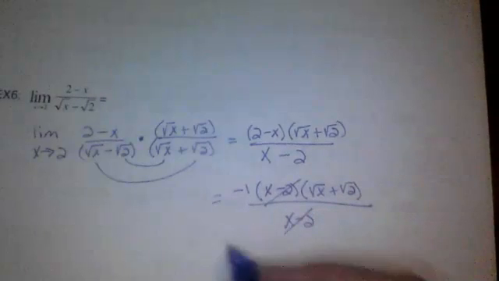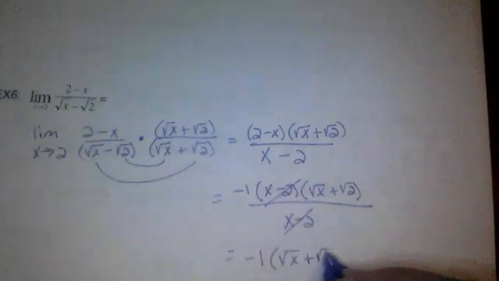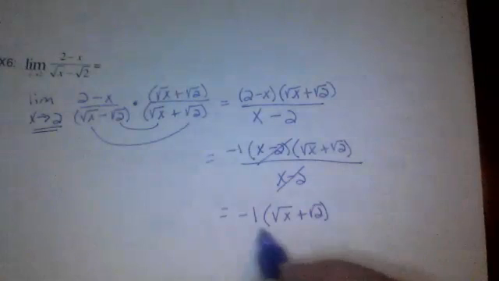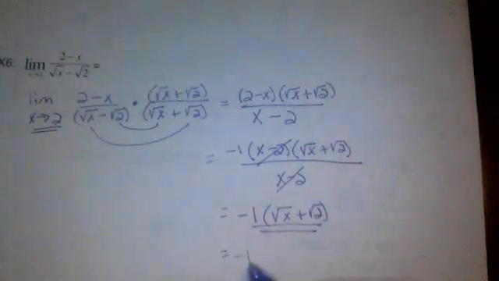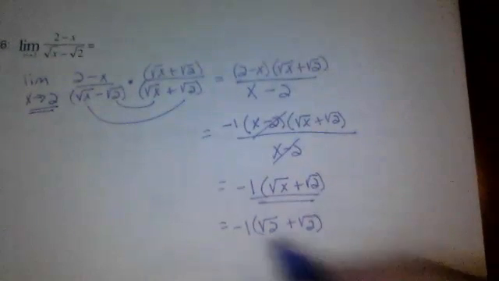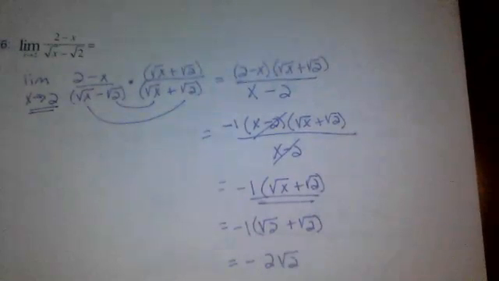Now we can reduce. We have negative 1 times the square root of x plus the square root of 2. And now we're ready to sub in the 2. So we have negative 1 times the square root of 2 plus the square root of 2. And those are just 2 square roots of 2. So negative 2 square root of 2.